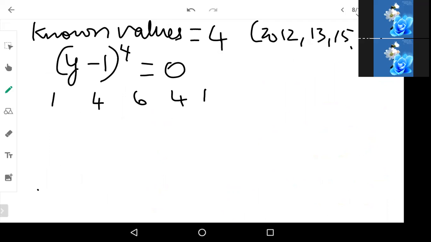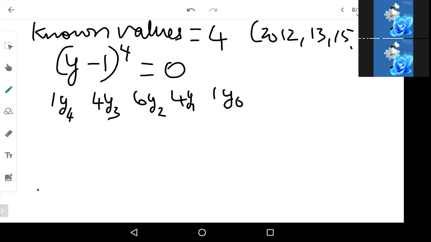Now start writing y0 to y4: 1 y0, 4 y1, 6 y2, 4 y3, 1 y4.